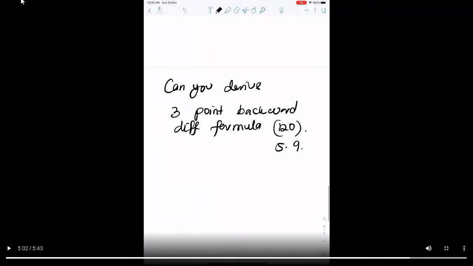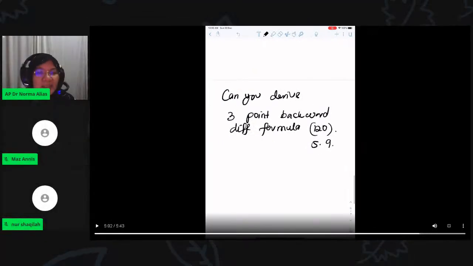I hope you can prove it using the Taylor series 5.1 and 5.4. If you subtract them, you will get the formula of the 3-point backward difference. I hope you can derive this one.